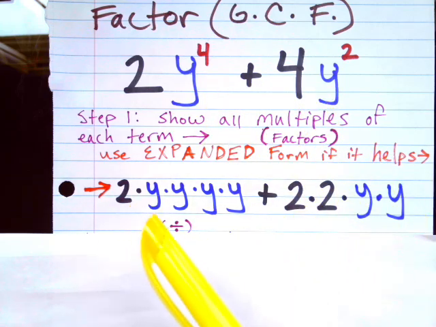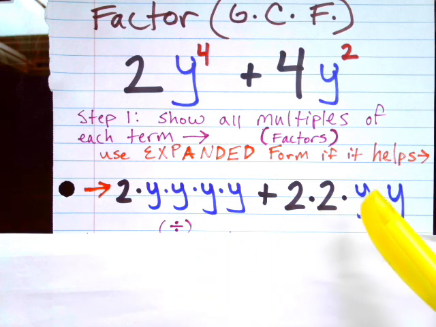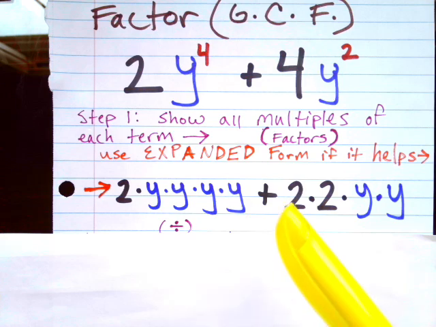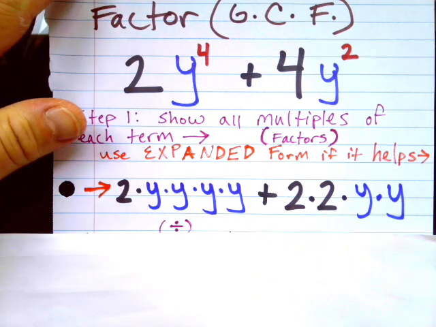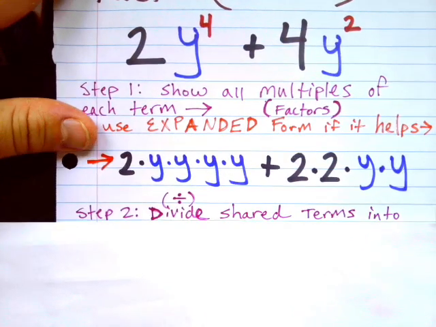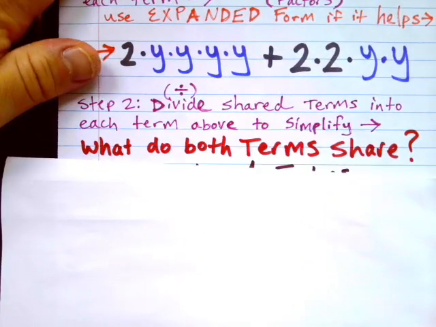Well, I know I've got at least one value of 2, and I know I've got at least 2 values of y. So 2, and y times y is y squared. So 2y squared can be divided or factored out of 2y to the 4th power. So that's what I'm going to do. I'm going to move forward here.